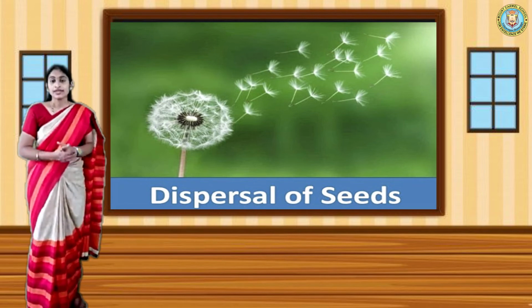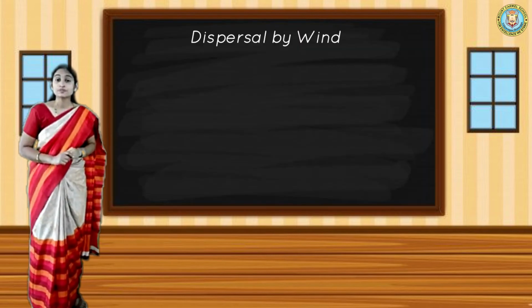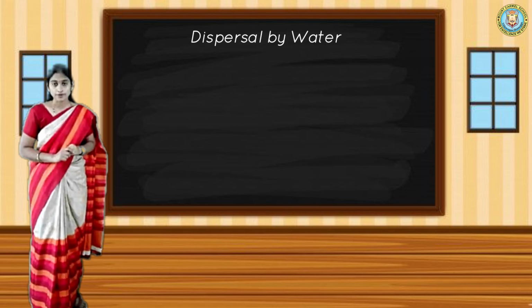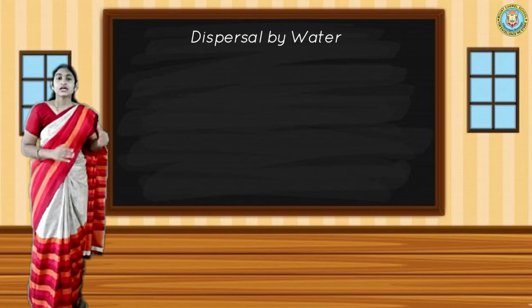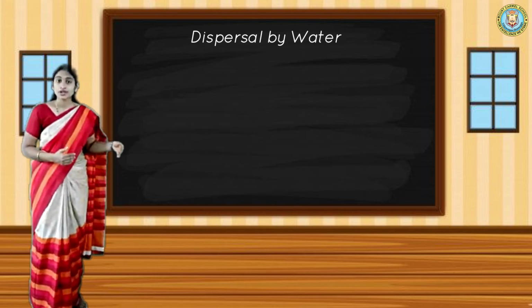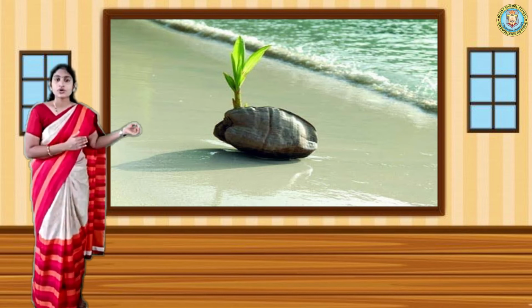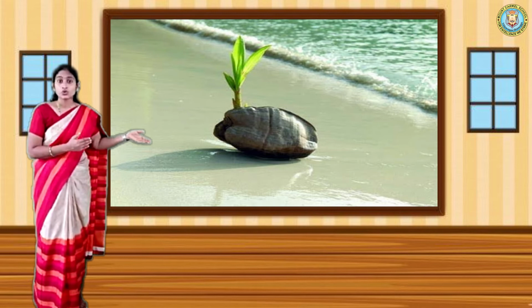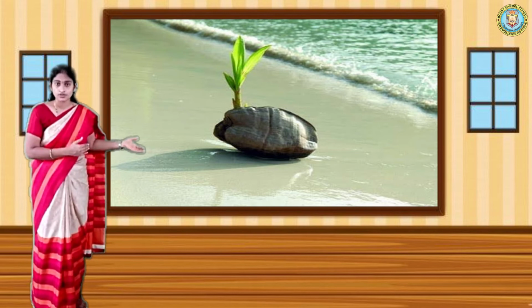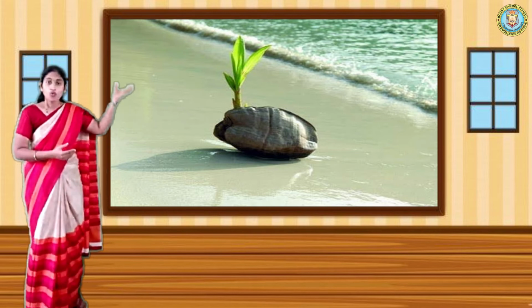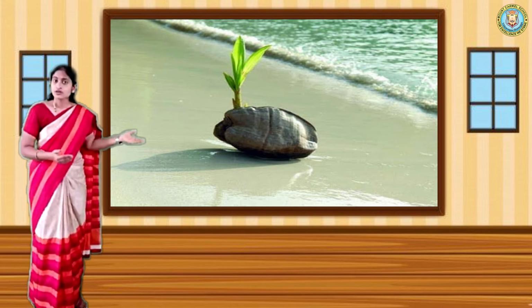Then let us move on to dispersal by water. Some plants grow nearby water, for example lotus and coconut trees. Where do they generally grow? They grow near the water. If any coconut falls in the water, what happens?